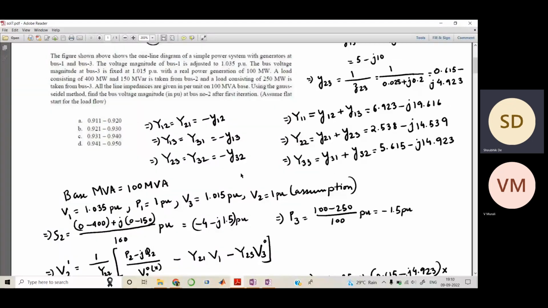We have not been given the voltage at bus 2, and since they have told us to assume a flat start for the load flow, you can take it to be 1 per unit.